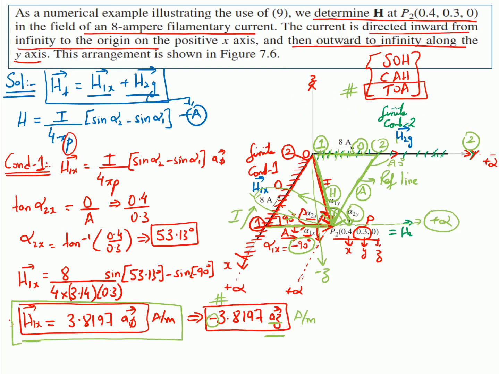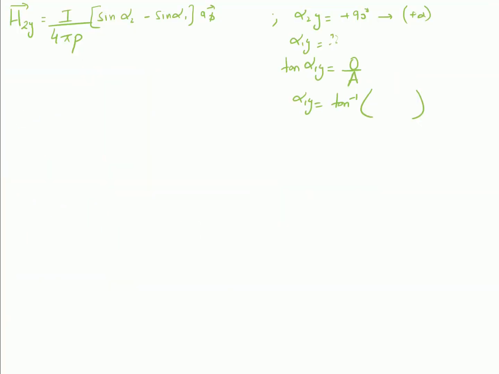So the opposite is parallel to the y-axis, so the value of this will be 0.3, and adjacent is parallel to the x-axis, which will be 0.4. So the equation comes out to be 0.3 divided by 0.4, and this equals 36.869 degrees. But since this point is below the reference line, it is going to be a negative value. This is my alpha 1y.